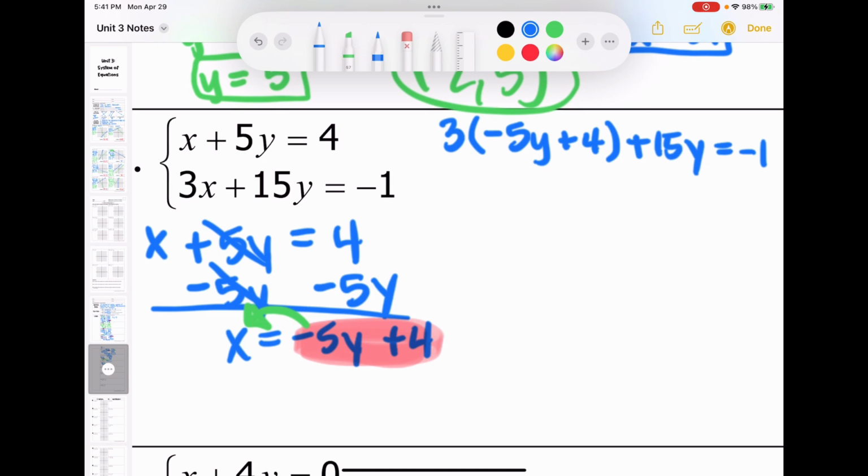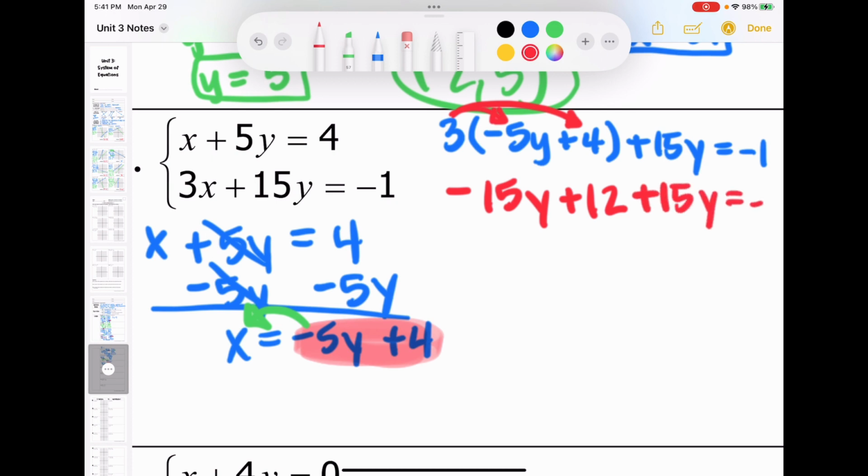All right, so checking this, we only have one variable, and that's y, so I'm going to continue solving. So I'm going to distribute my 3 into parentheses. Remember, that's just multiplication. So that's negative 15y plus 12, because 3 times negative 5y is negative 15y, and 3 times 4 is 12. Then I bring down the plus 15y and the negative 1.